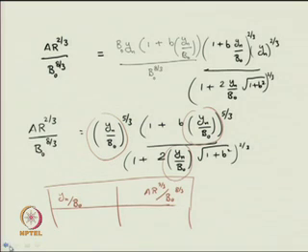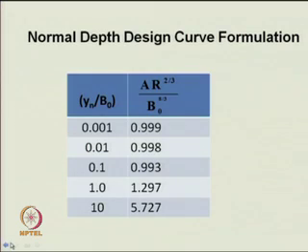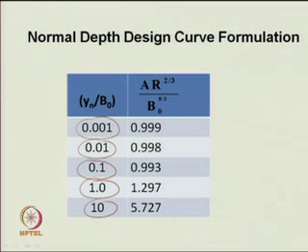I have just made one particular table. Let me show it to you. So, here for the normal depth design curve formulation, I had taken in the left column y n by b naught for different values of y n by b naught. I computed the corresponding non-dimensional section factor.